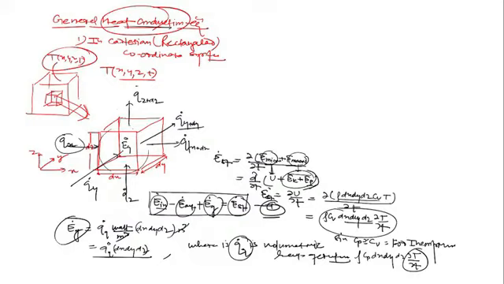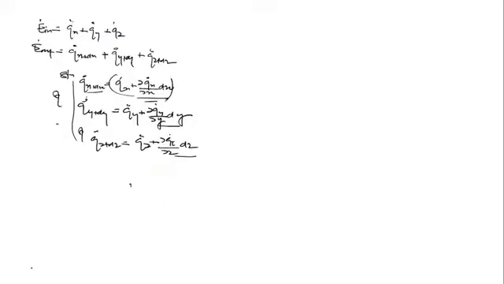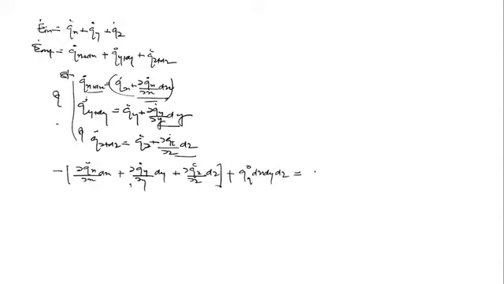If you put in this equation, then E dot in minus E dot out is minus del q dot x upon del x into dx plus del q dot y over del y into dy plus del q dot z upon del z into dz, plus qg dot into dx dy dz, equal to rho into dx dy dz into cv or cp into del t upon del t.